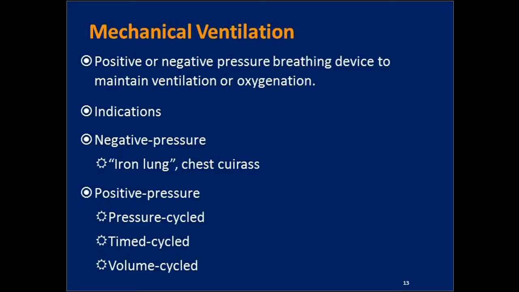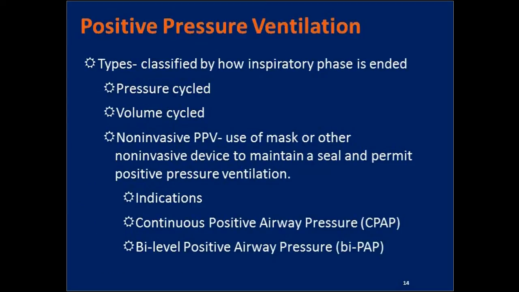Volume cycled is the most common type used in adults. It's what you're going to see most commonly in the hospital. So again, types are classified by how the inspiratory phase is ended, pressure cycled, volume cycled, time cycled being in newborns and infants.